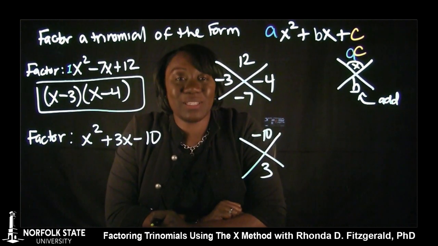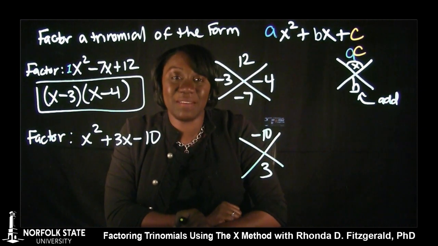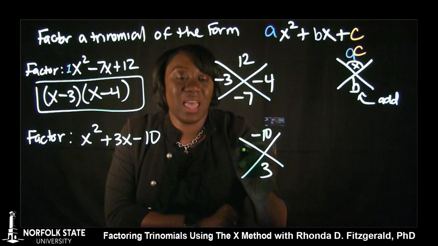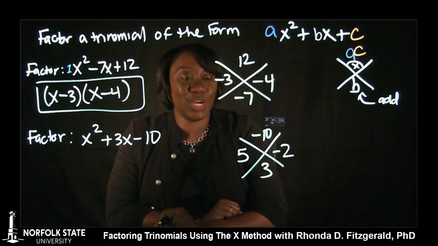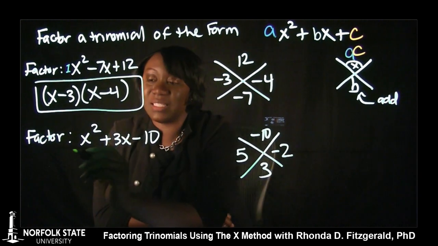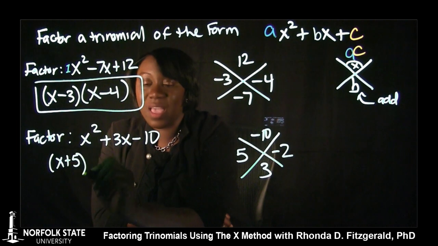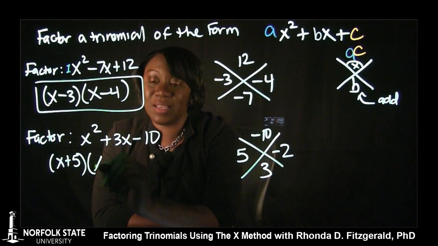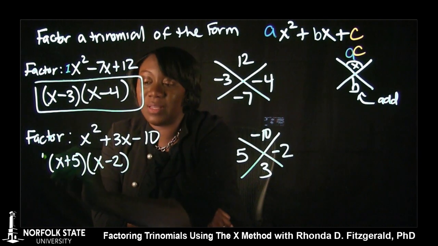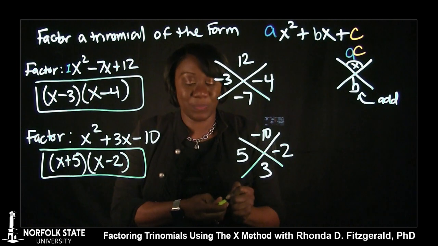So we need two numbers that multiply to give us a negative 10, but add to give us a positive 3. And those numbers should be 5 and a negative 2. So once again, we're automatically done. That implies that our factors are x plus 5, and it's plus because our 5 is positive, and then x minus 2. And that would be our final answer for that situation.